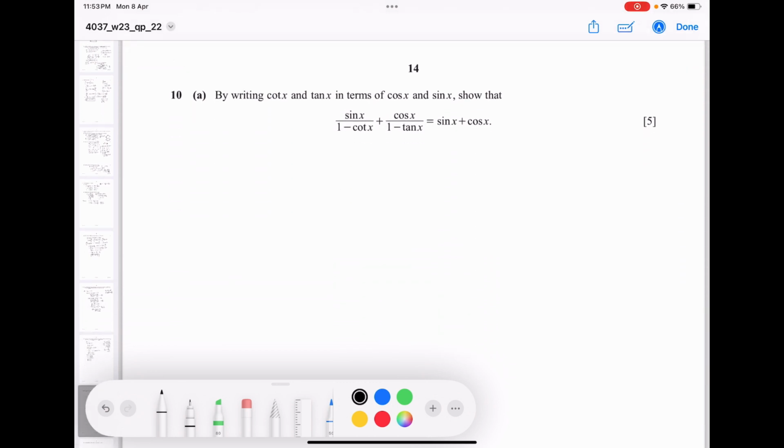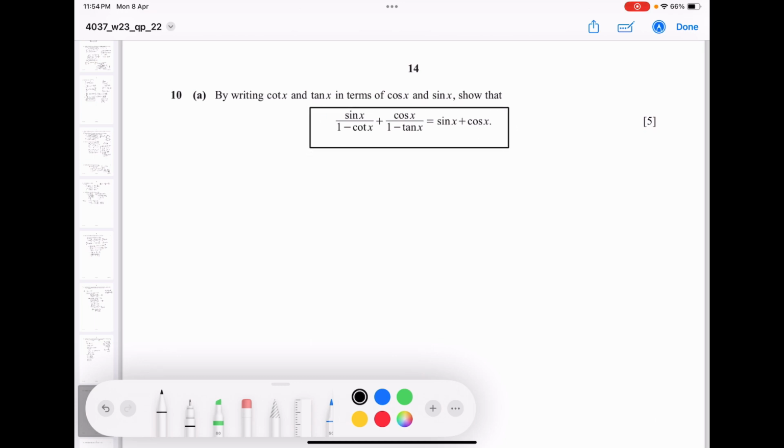Next question, it is from trigonometry. This is the last question from this paper. In this question, by writing cot x and tan x in terms of cos x and sin x, show that this trigonometric identity holds. It is easy to solve.